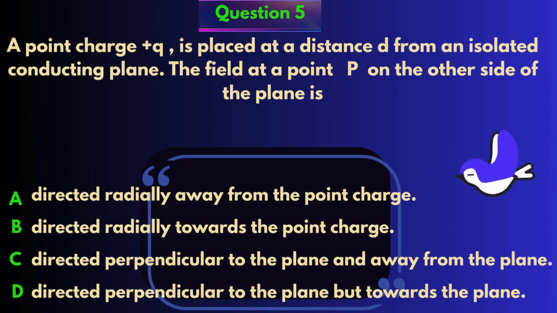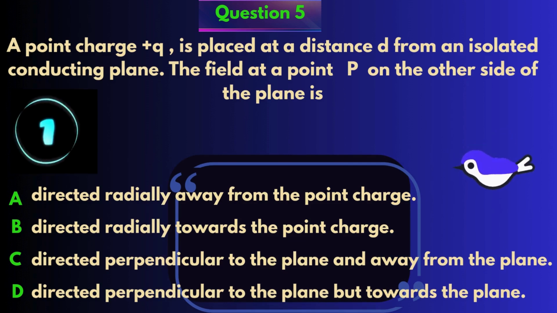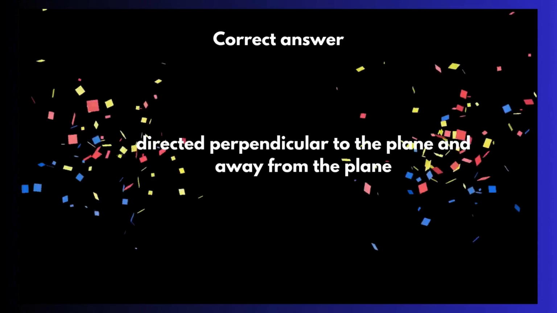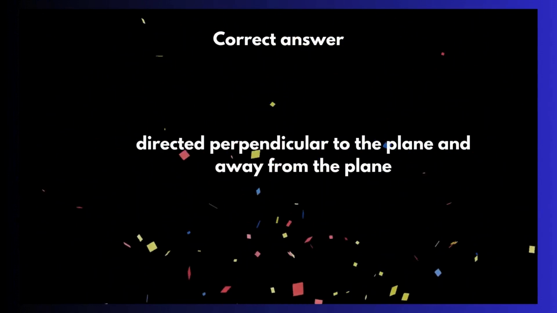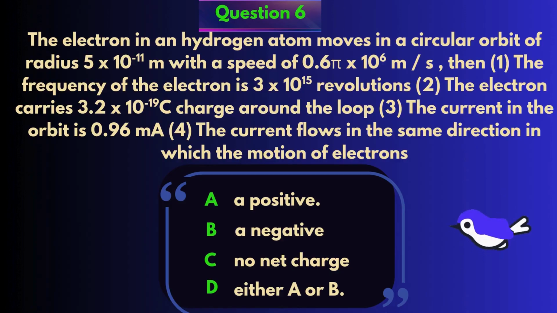Choice C, directed perpendicular to the plane and away from the plane. Choice D, directed perpendicular to the plane, but towards the plane. Correct answer: directed perpendicular to the plane and away from the plane.